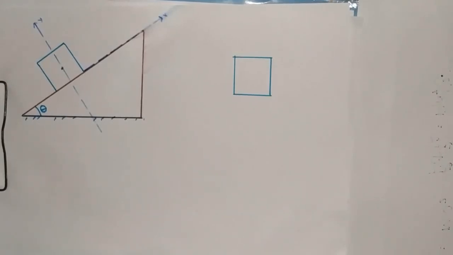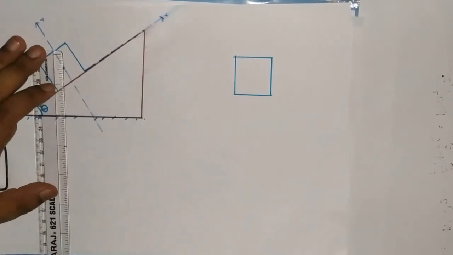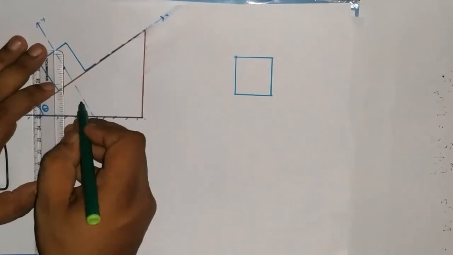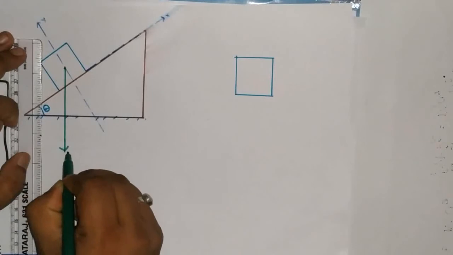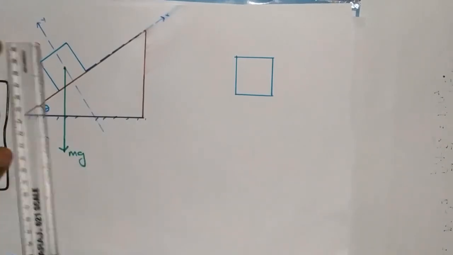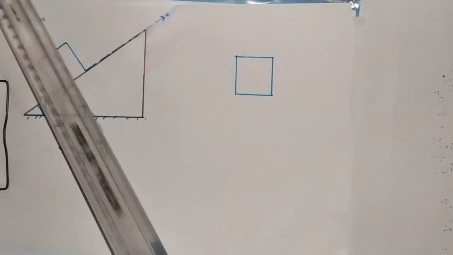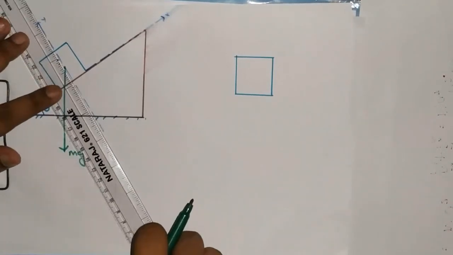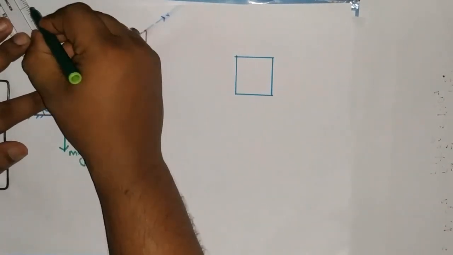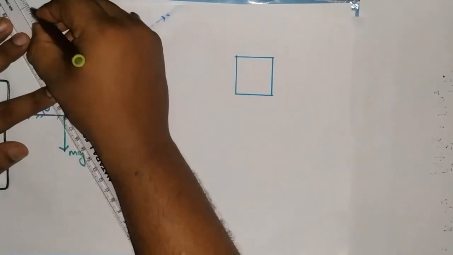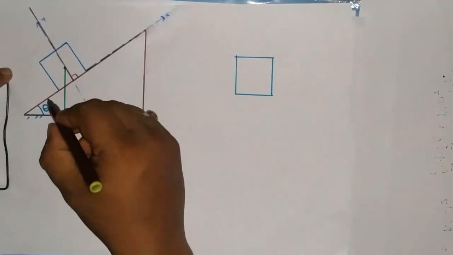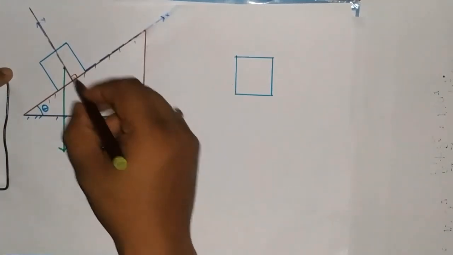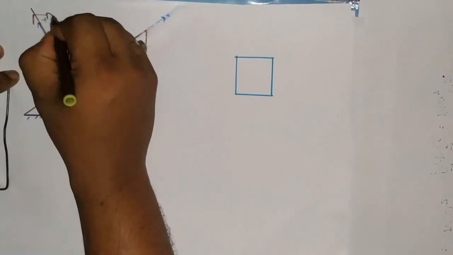If the body is at rest, I have to think of gravity first, which is always acting perpendicular to the ground. This is my weight or mg. Another thing is coming to mind. What is it? Who is acting normally in the upward direction? From the ground, always, this is the ground. It is perpendicular, so this is my normal.